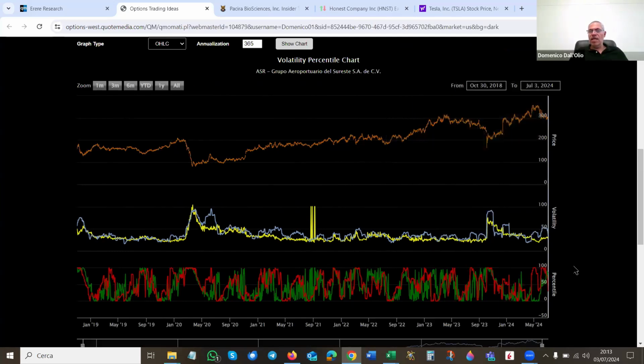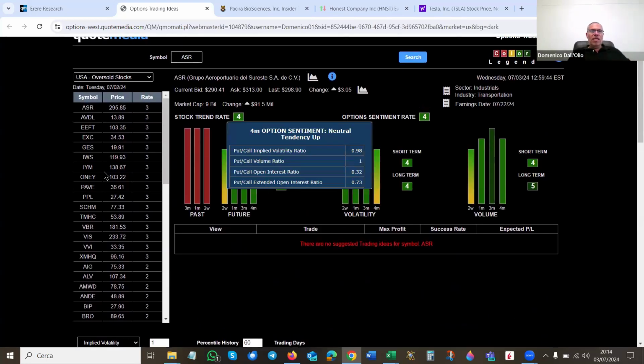So this helps you understand whether the current values of the volatilities are relatively high or low, because for some stocks, having a 50% implied volatility could mean there's something huge coming. With other companies, especially the biotechs, the pharmaceuticals, the technological, a 50% implied volatility is a very normal value. So it's always to be seen in relative terms, and that's what the percentile analysis is for. So this is it.